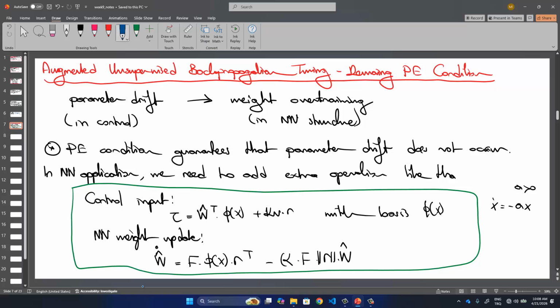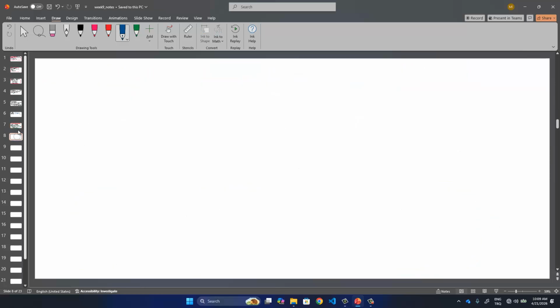See? This one, W hat, and so this is positive, and this equation turns into this one, right? This stabilizes the R output cases in here. So, the theorem 4.2.3, augmented NN weight tuning.